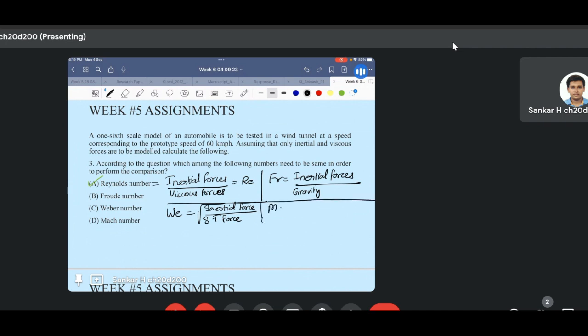And Mach number is basically the speed of the fluid to the speed of sound in that medium.